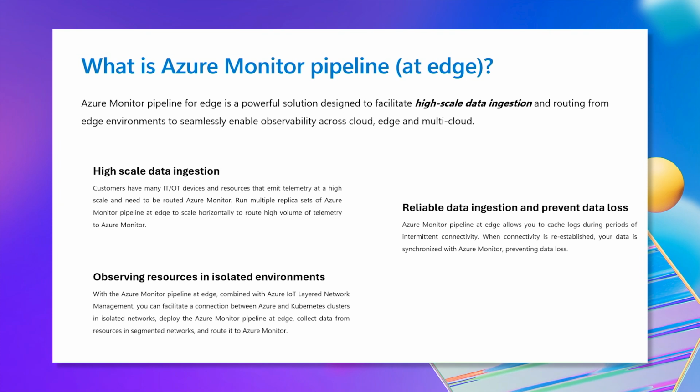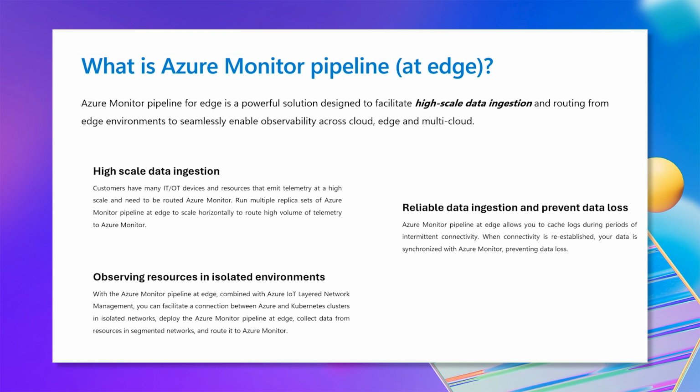Number 2, reliable data ingestion to prevent data loss. Edge environments frequently encounter intermittent connectivity, leading to potential data loss and disruption of data continuity. The Azure Monitor pipeline at edge allows you to cache logs during periods of intermittent connectivity. When connectivity is reestablished, your data is synchronized with Azure Monitor, preventing data loss.